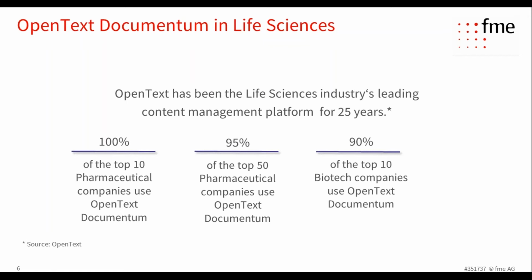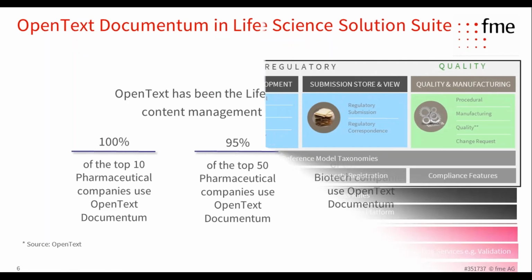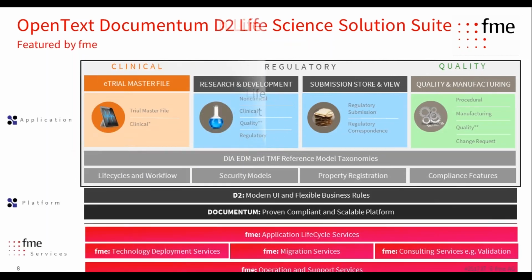That's a strong focus here at FME. For those who may know us, that's something we're well known in the market for. But we also work in a strong focus in technology deployment services, evaluation support and training and assessment. So we've covered the full spectrum from a portfolio offering in that vertical life sciences industry.